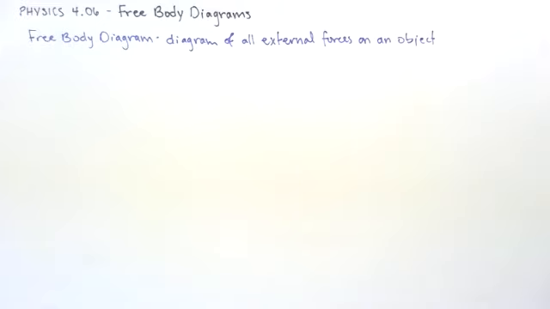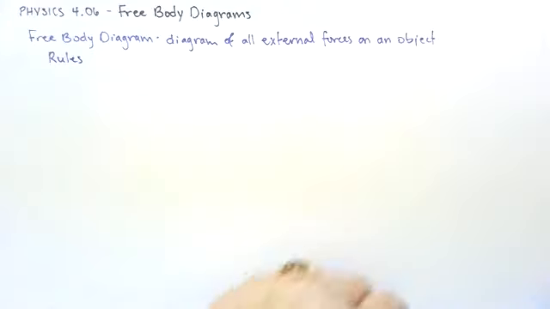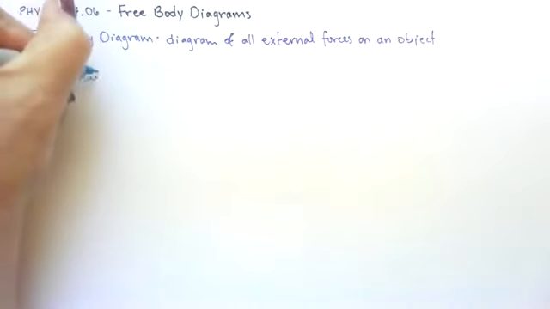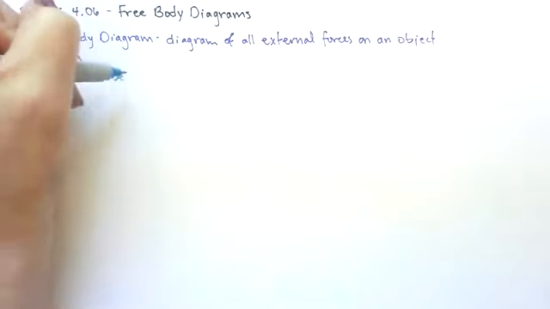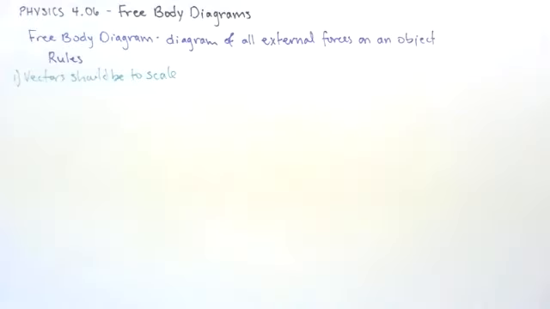And we can talk about some of the rules for free body diagrams. So let's start there. So rule number one, vectors should be to scale. So if you have a 100 Newton vector and a 50 Newton vector, the 50 Newton should be half as big as the 100 Newton.